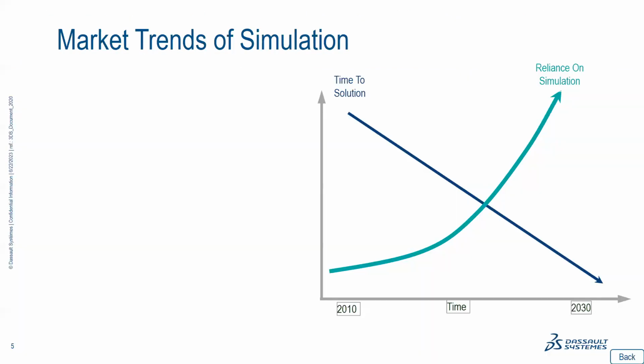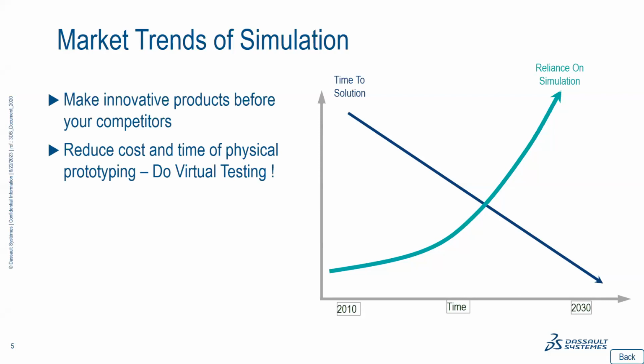So the market trends today: the more we go into the future, we observe that we have less time to develop a new product, because the market is becoming more and more competitive, more aggressive.